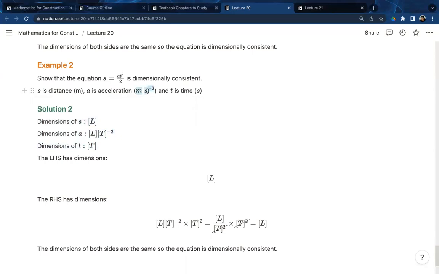Usually they'll give you the SI units of each symbol, right? And you use those units to figure out what the dimension of each of the variables is. And then you plug the dimension into the formula, and you try to simplify and see what you end up with.